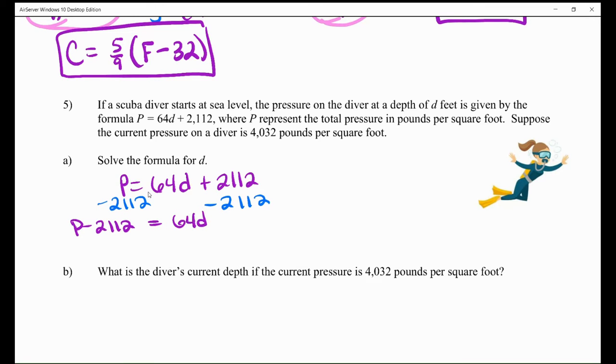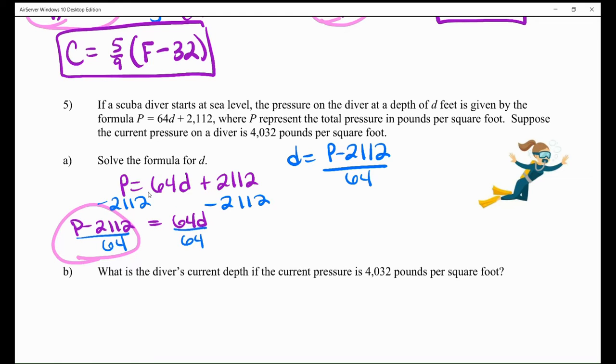And this equals 64 times D. Our next step is to undo the multiplication. So our next step is to divide both sides by 64. And because we've shown out each step, our new formula is right in front of us. So D equals P minus 2,112 divided by 64.